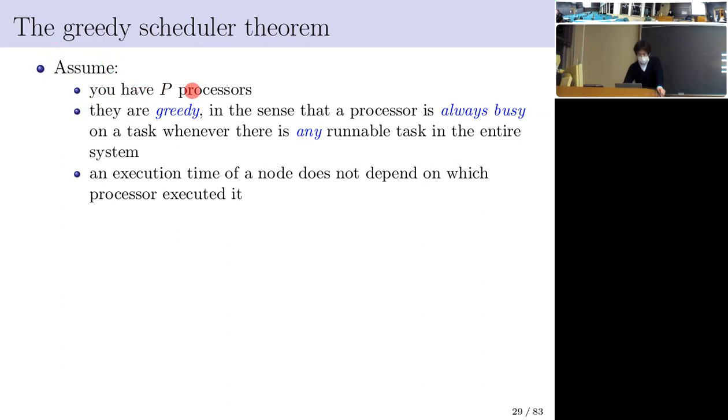You have P processors, and these P processors work greedily, which means that a processor is always busy doing a task whenever there's any runnable task. A runnable task means a task whose dependency has already been resolved.